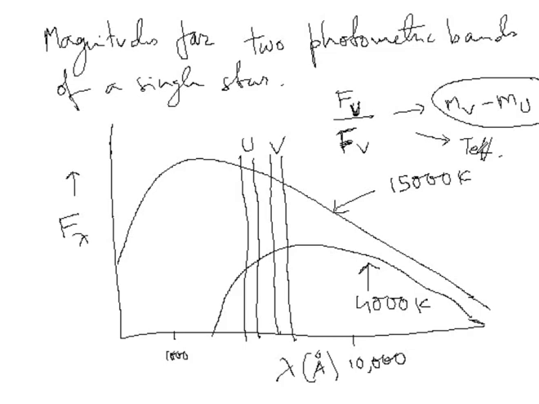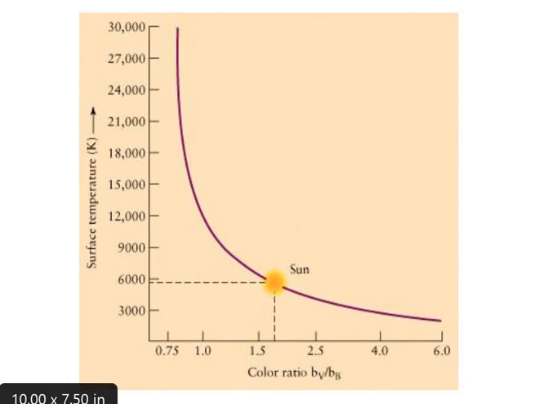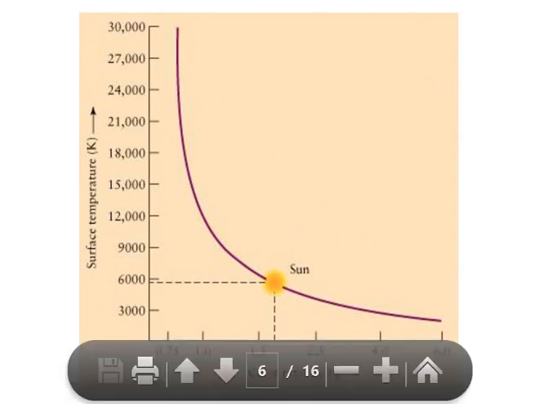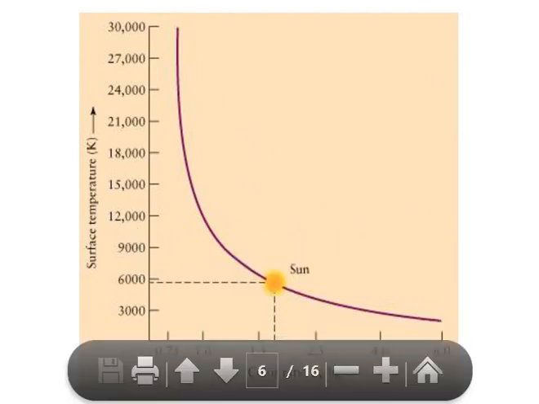So we thus expect a one-to-one correspondence between the BV color and T effective. I have talked about basically U and V, but similarly we can also talk about BV and T effective. Let me just show you a graph. Here you see, I have shown you the surface temperature for a star as a function of the color ratio, visual by blue, BV, which I was just talking about.